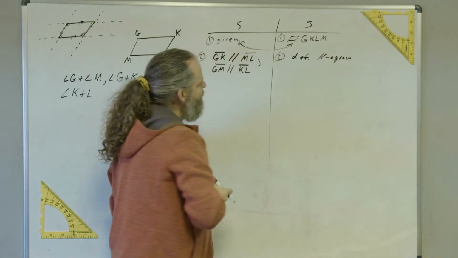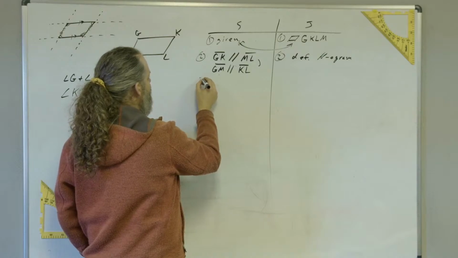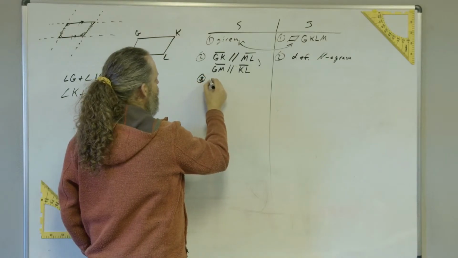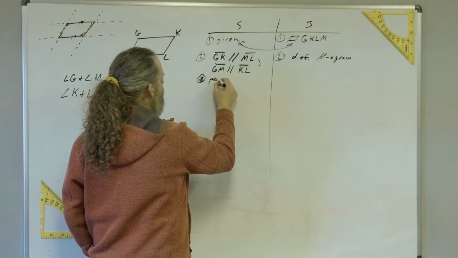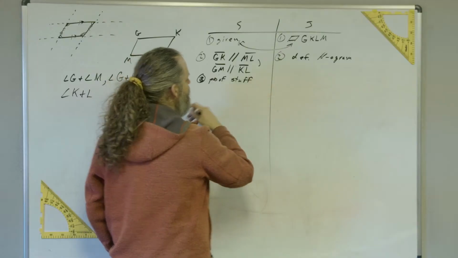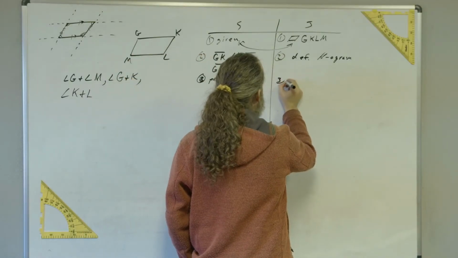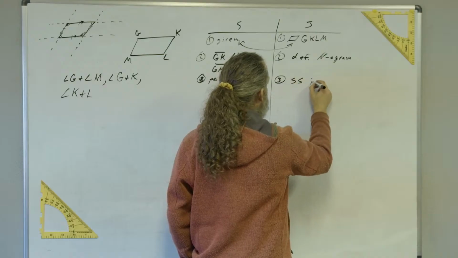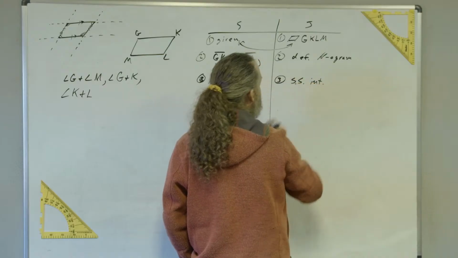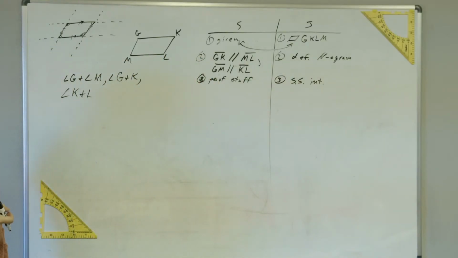Whatever. So then we can just say the whole list from the book, because same side interior. Done. Easy money. Easiest proof we've done in like forever. Like maybe ever.